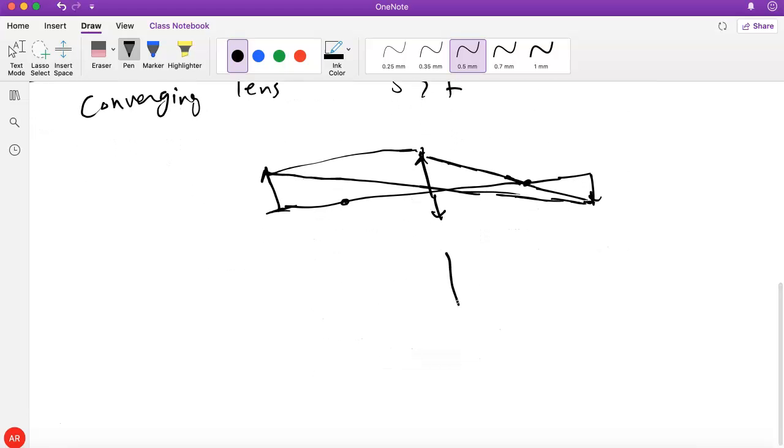Now, let's consider the same scenario. Here's the optical axis. Here's the focal point. And then I put this object closer, so S is smaller than F. So what happens? Well, I have this.